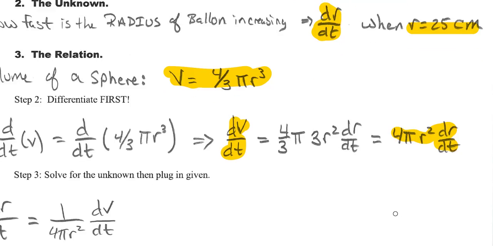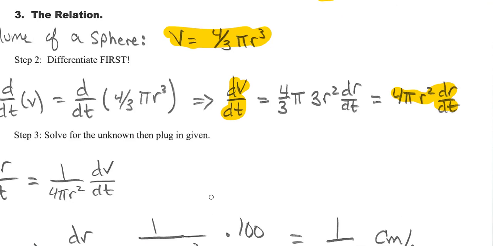Step number 3. Solve for the unknown, then plug in what's given to us. What's unknown is dr/dt, so I'm solving this equation for dr/dt by dividing 4 pi r squared over to the left-hand side. So dr/dt equals 1 over 4 pi r squared times dV/dt.